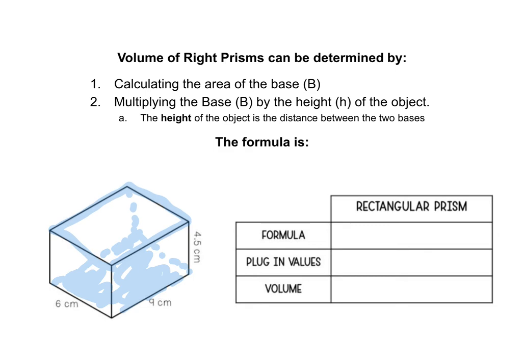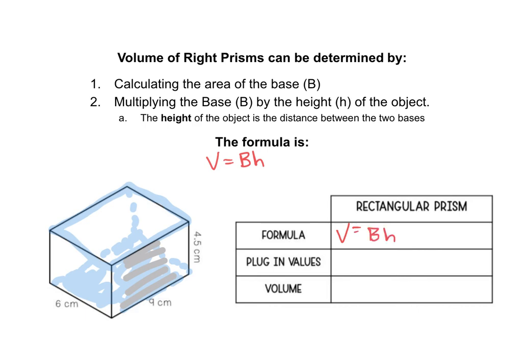We can imagine that this is just layer upon layer upon layer of bases. So our height tells us how many of those bases are in there. So the generalized formula for volume is going to be our base times the height of our figure. So put that down in here. Our volume is going to equal a base times a height.